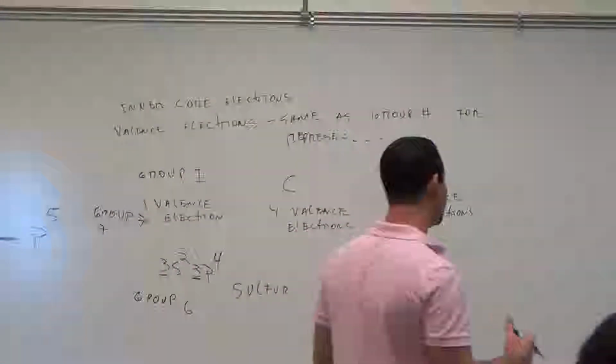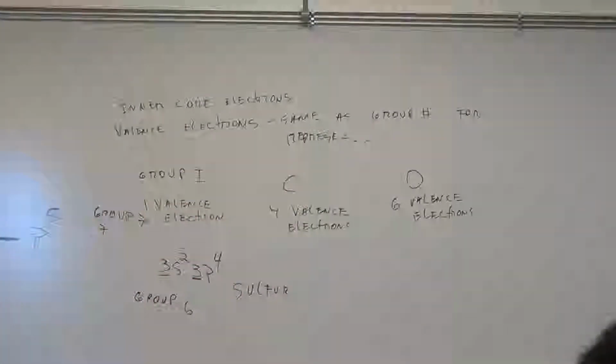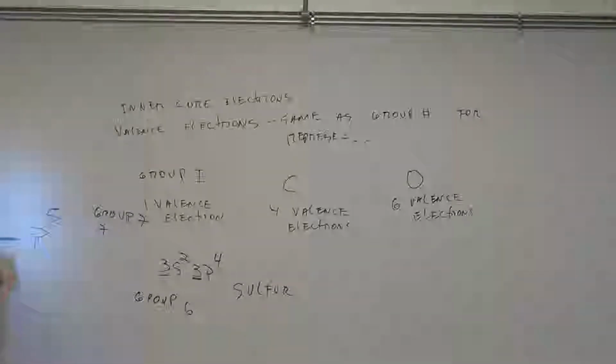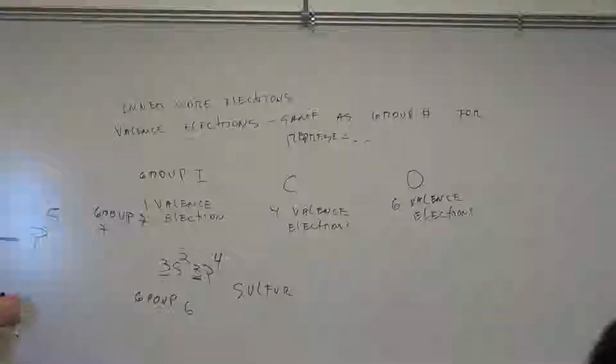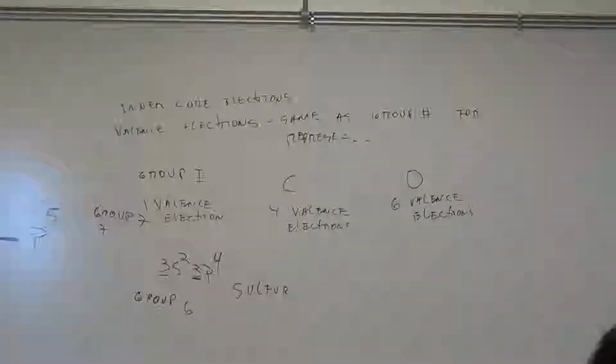If I give you an electron configuration, how can you tell the number of valence electrons? You look at the highest number, whether it's 3, 4, or 5, and you add all of the electrons in that shell. Yes or no?